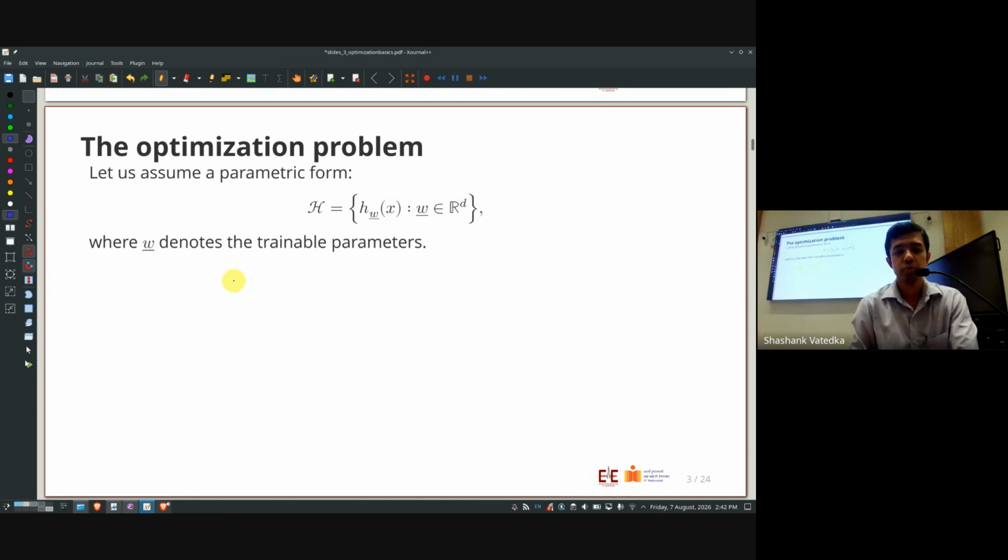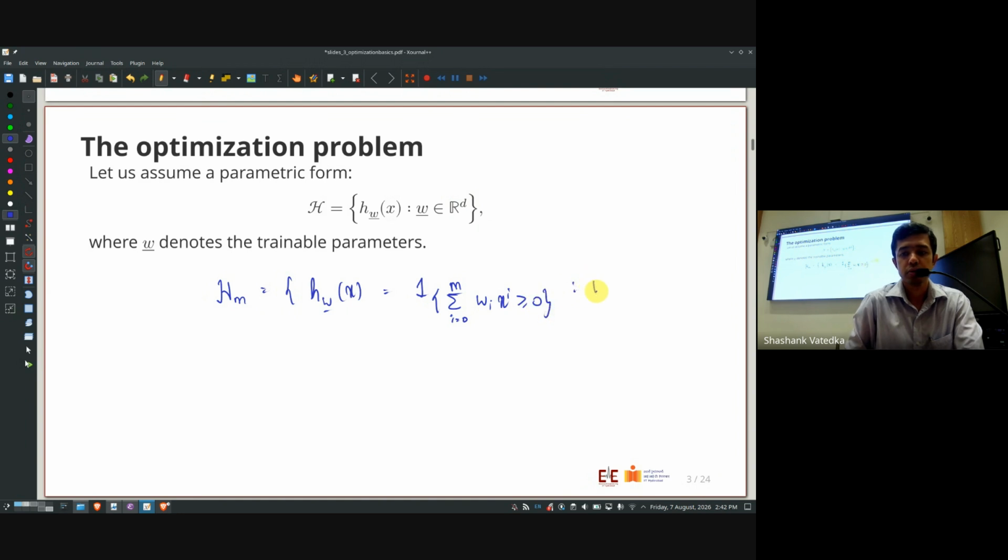All right. So if I have H_M, my h_W of x is the indicator of summation i equal to 0 to M of W_i x to the i greater than or equal to 0, for this vector W in R^D.